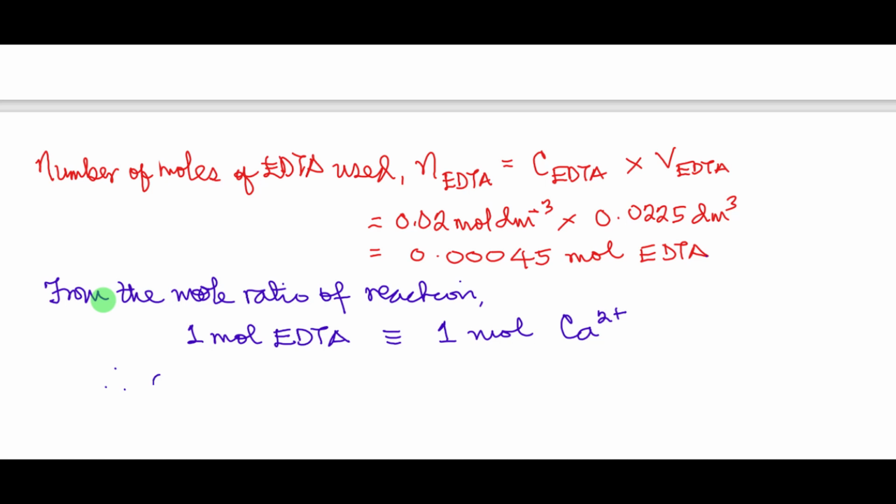Therefore 0.00045 mole of EDTA will react with what amount of calcium ion? So of course, since the mole ratio is 1:1, this implies that our X would be what?